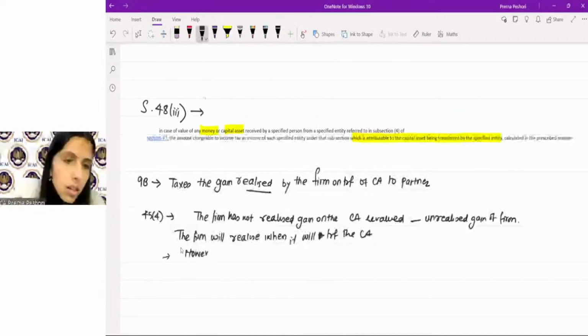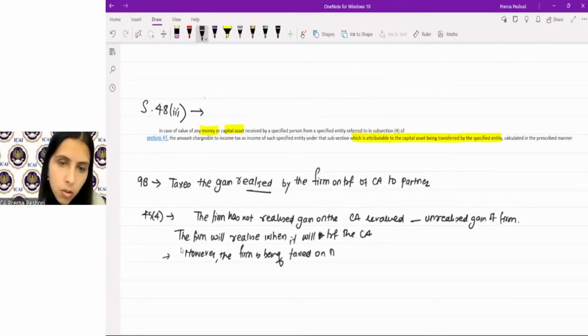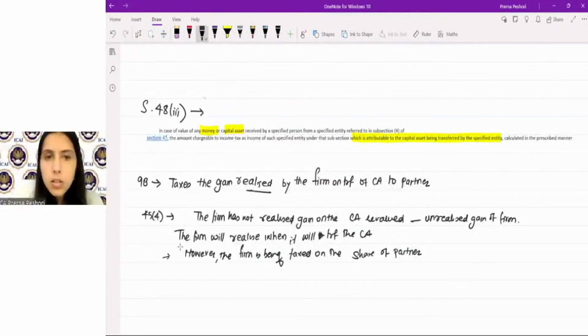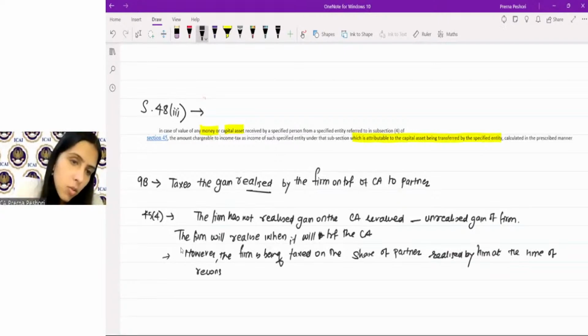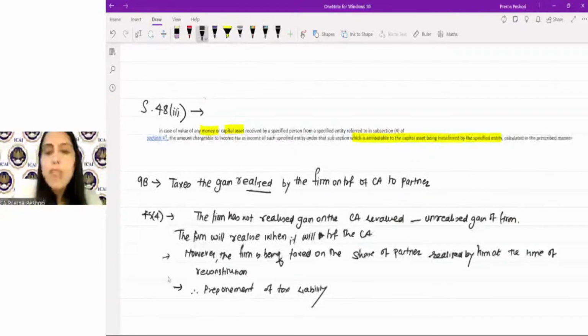However, the firm is being taxed on the share of the partner realized by him at the time of reconstitution. Therefore, there is preponement of tax liability. Right?